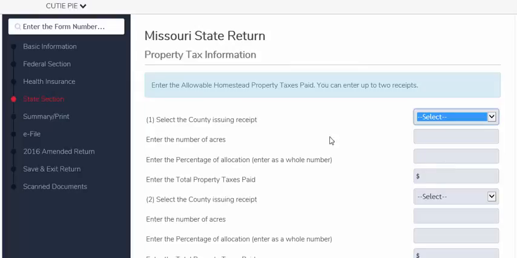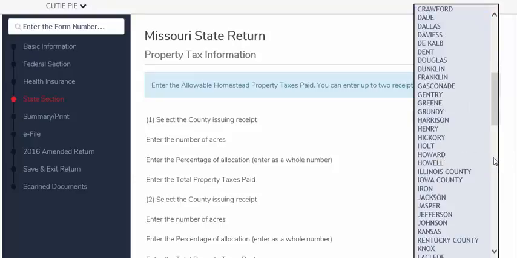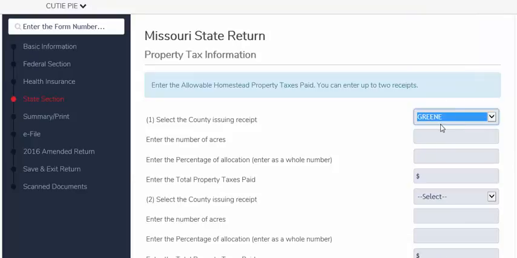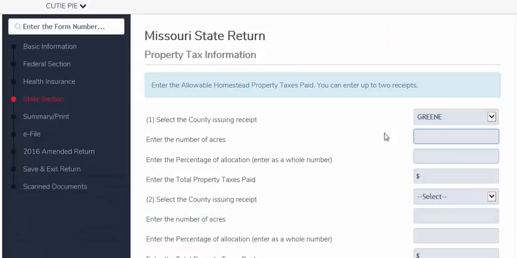Now we go back under the property tax information, the county issuing the receipt, Greene, number of acres, I believe we said it was 1.2. Enter the percentage of allocation.